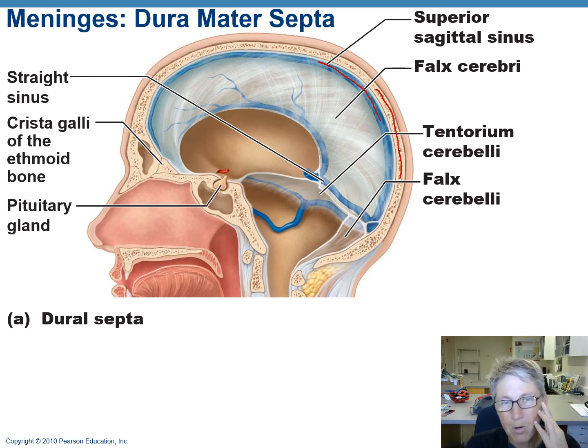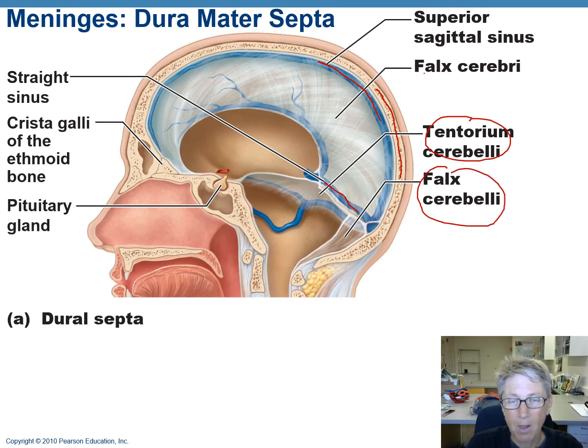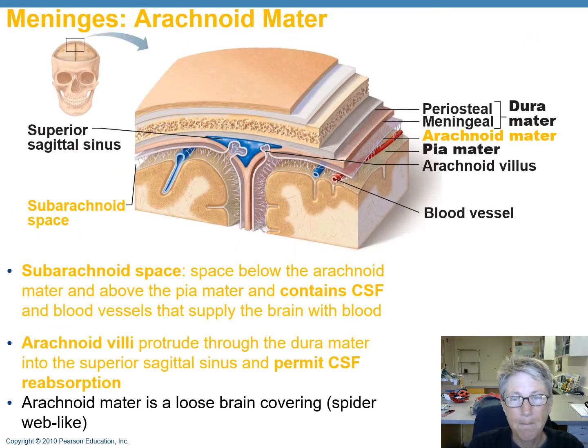So it's the most superior sinus, and then there's this little piece here called the straight sinus, and then there's the falx cerebri, and the tentorium cerebelli, and the falx cerebelli, and these are all parts of the dural septa, or the wall of the dura.